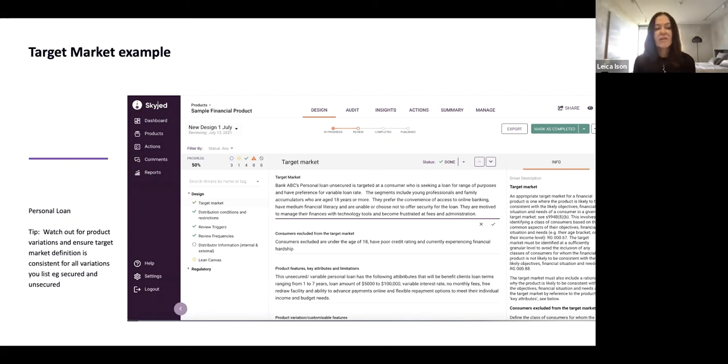The example we talked about would be in a personal loan, where secured and unsecured personal loans are in fact two different products that you'd be putting a separate target market around. You can see in this example I've listed out the summary. There's a little bit more detail, but I've summarized it in this screenshot.